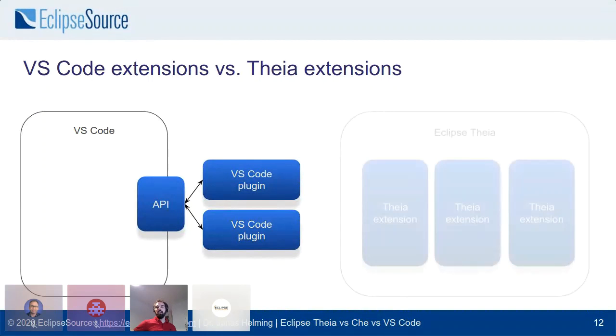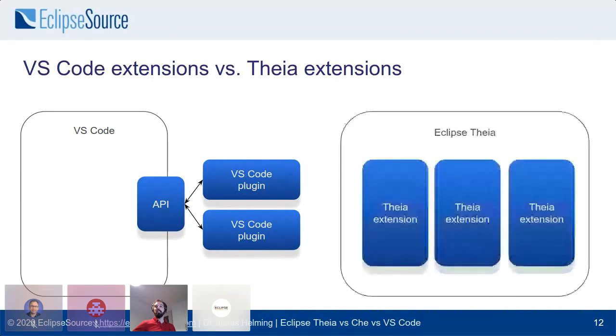Now, Eclipse Theia, on the other hand, has extensibility built into the core. And how this works is in Eclipse Theia, everything, including the core platform, is a Theia extension. So there is no difference between something that you add and something that's already there. Everything in Theia is a Theia extension, and those extensions communicate via dependency injection.